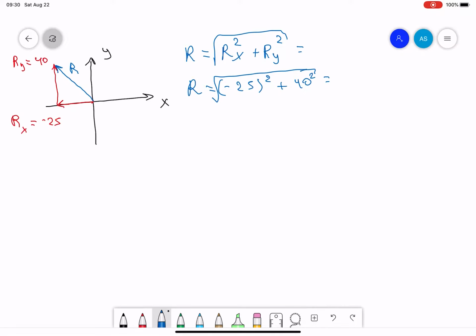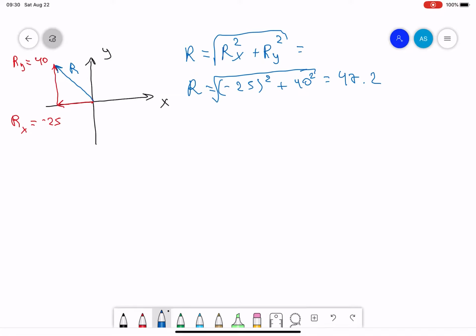If you do the calculations, you should find that your r vector is equal to 47.2 units.